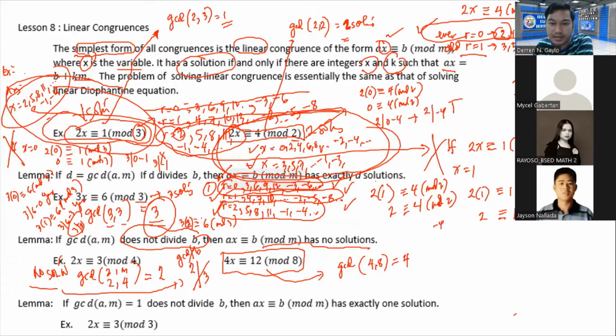So ang pinaka-common na ning duha is si 4. Sige. Will 4 divide 12? Tinood ba? Yes. Because 12 is equal to 4 and a k, which is 3. Therefore, this has 4 solutions.